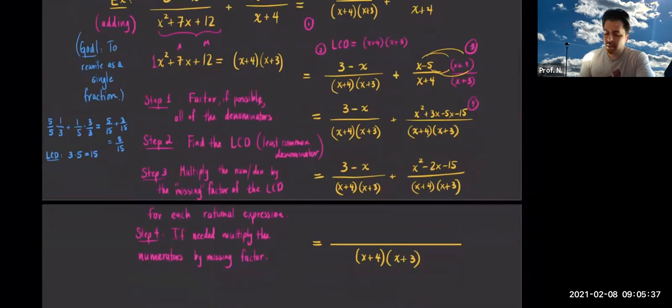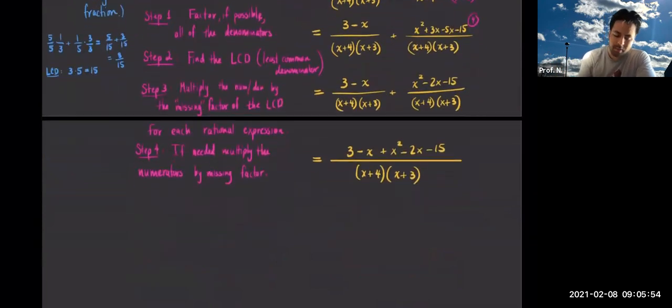And I think Judy said correctly. Now, since we have the same denominator, we can keep the denominator and just add the numerators, which is exactly what we wanted to do, right? We want to rewrite this as a single fraction.